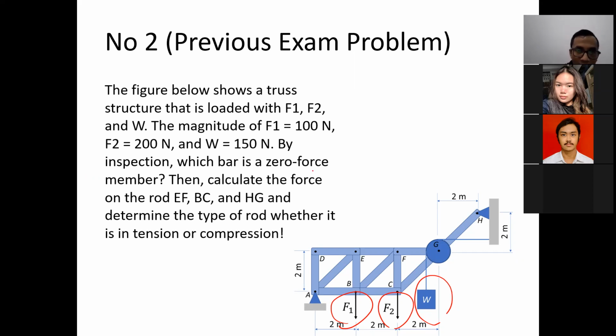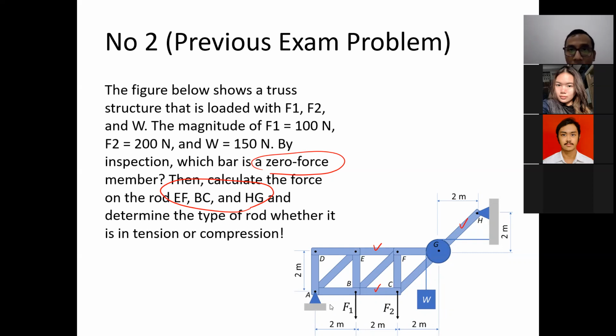The first one is to find the zero force member. The second one is to find these three and determine whether each is under tension or compression, with the value as well. EF, this one, BC, this one, and HG, this one.